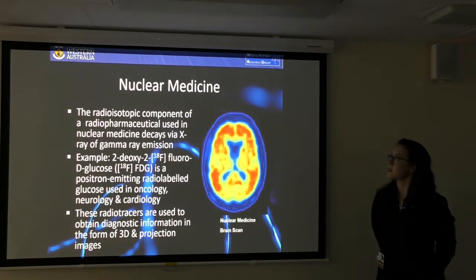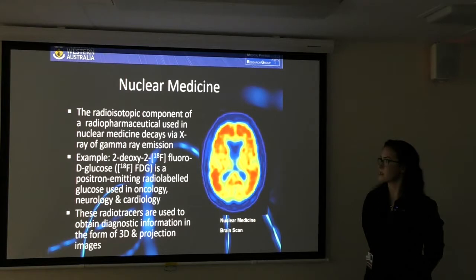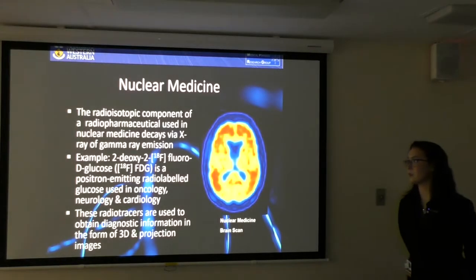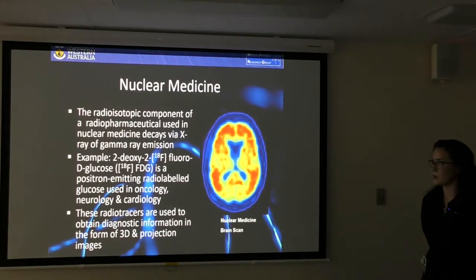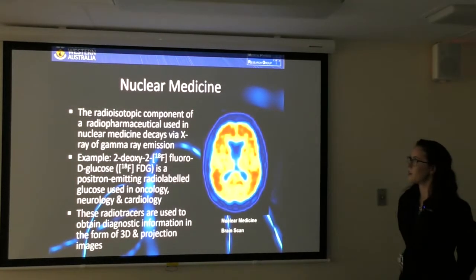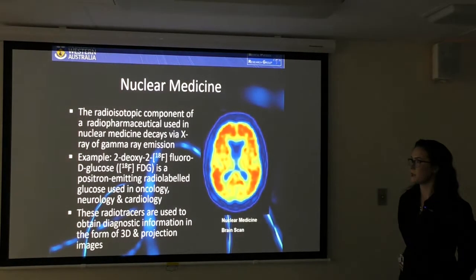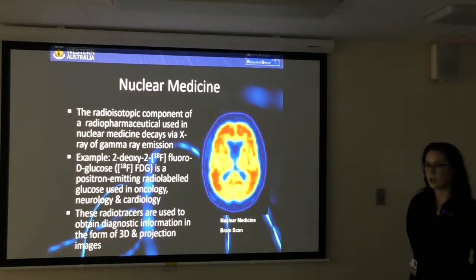The radioisotopic component of the radiopharmaceutical is used in nuclear medicine and, as I said before, decays via X-ray or gamma emission. For example, we have 2-deoxy-2-F18 fluoro-D-glucose, also known as F18 FDG. This is a positron-emitting radiolabeled glucose and is used in radio-oncology, neurology, and cardiology.